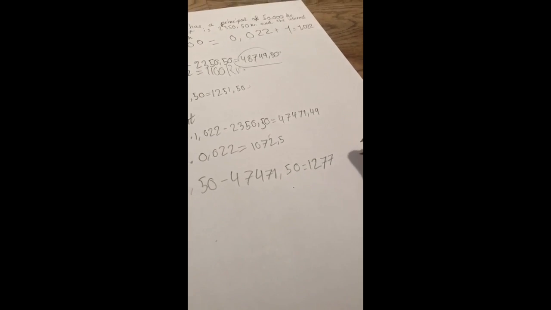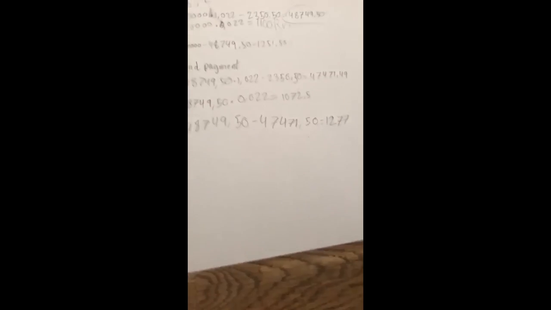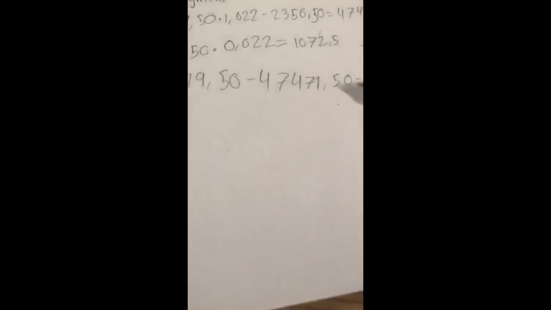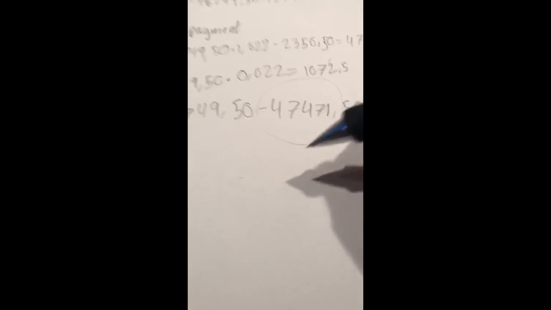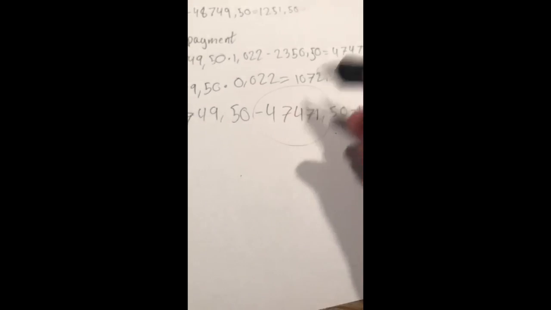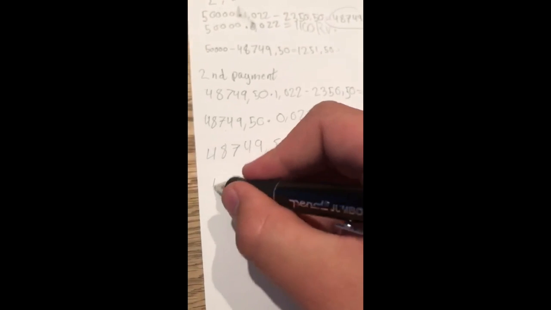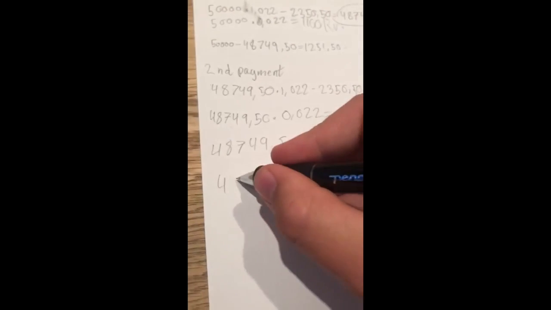This is the interest. Now for the last one, we just do the same again, and once again we have a new principal value. So this is the last remaining debt, so this will be the new principal value.